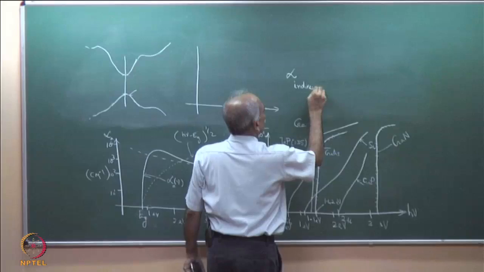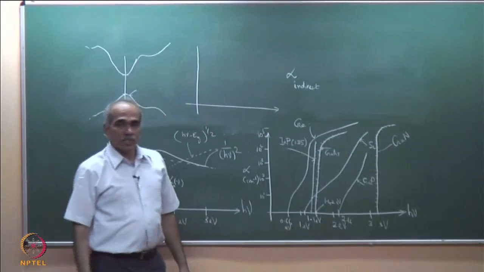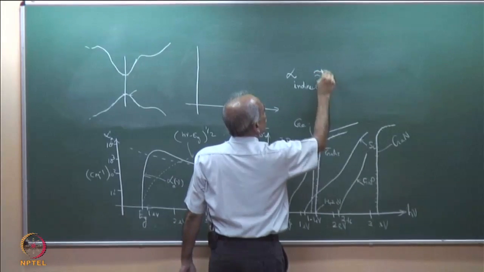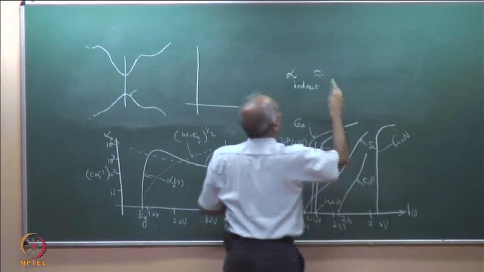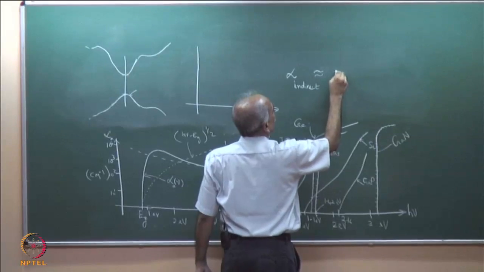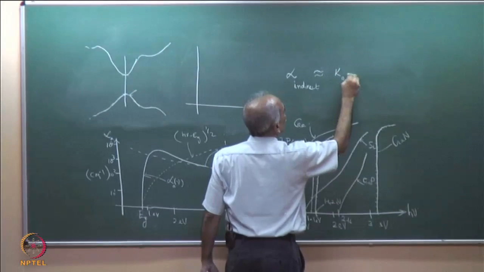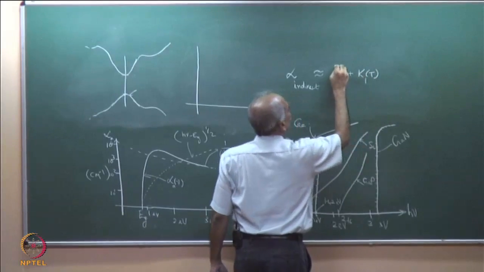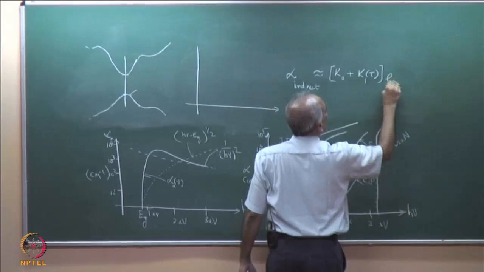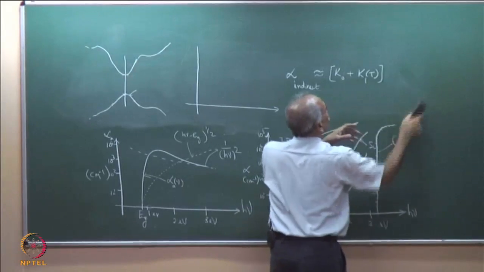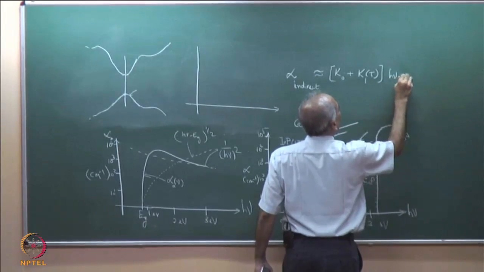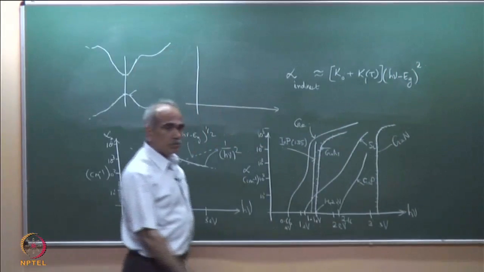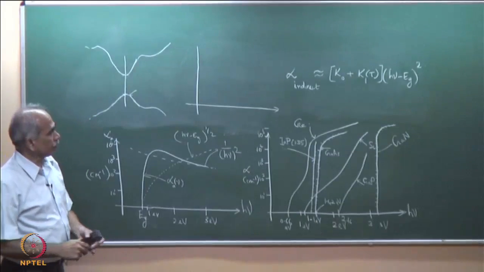Alpha indirect, we are not going to derive it, can be shown empirically to be approximately of the form k0 plus k1 of T into h nu minus Eg, whole square.